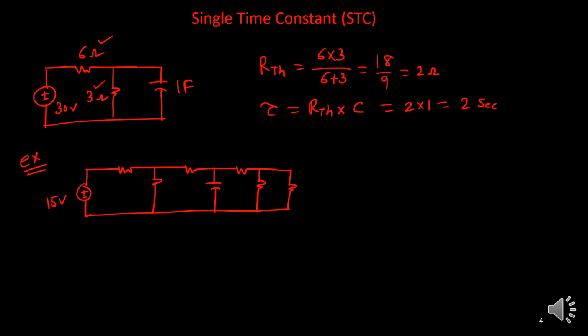Now suppose this is 2 ohm, this is again 2 ohm, and this one is 4 ohm, and this is also 4 ohm. And this capacitor is suppose 3 farad. So can you find the time constant for this circuit?